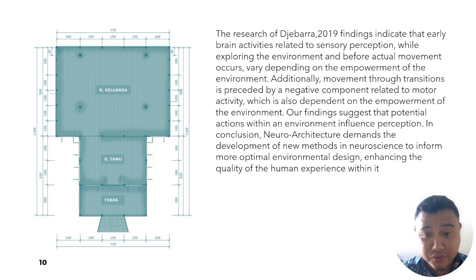Additionally, moving through a transition is preceded by a negative component related to motor activity, which is also dependent on the affordances of the environment. Our findings suggest that potential action within an environment influences perception.